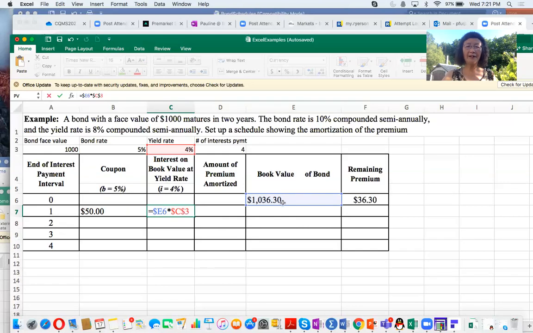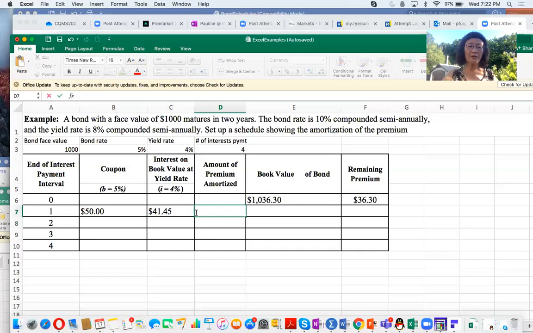So basically, it is 1,036.3 times 4%. I press the Enter key. It is $41.45. And then based on the coupon or the interest payment and the interest paid on the book value, I can figure out the amount of premium amortized. It is just the difference.